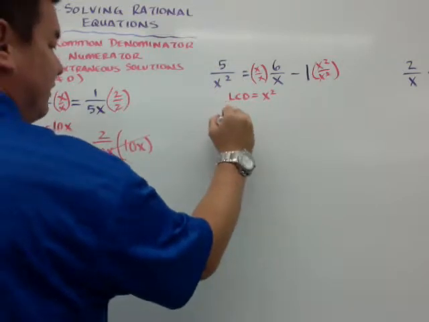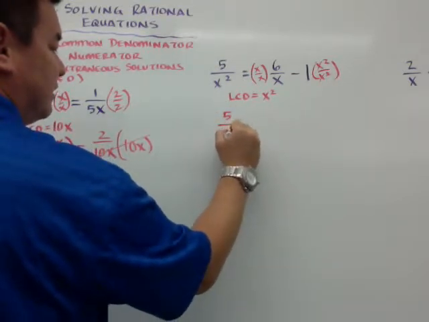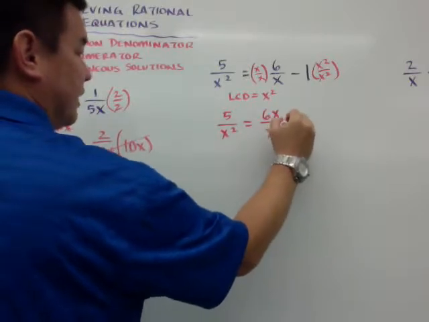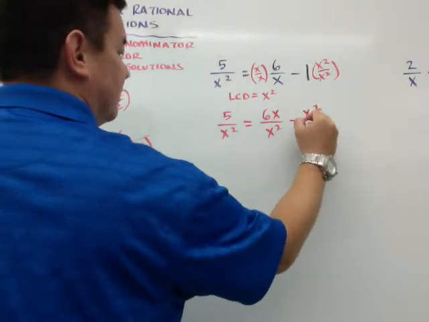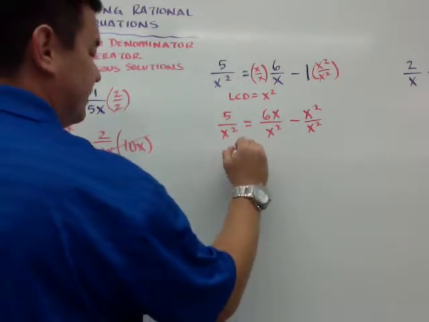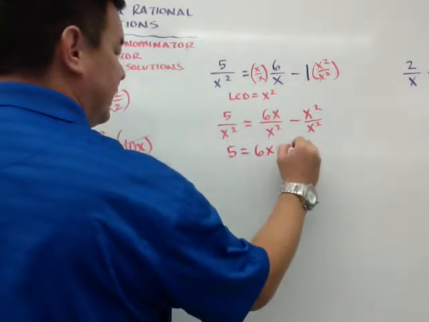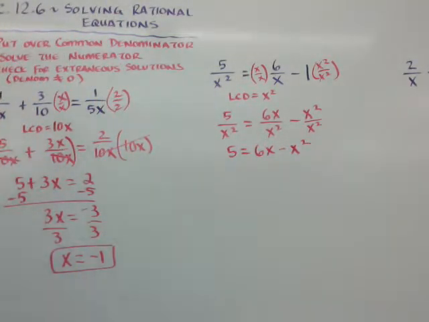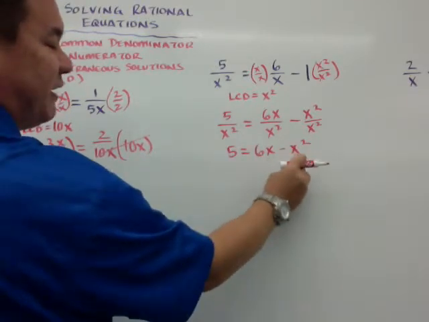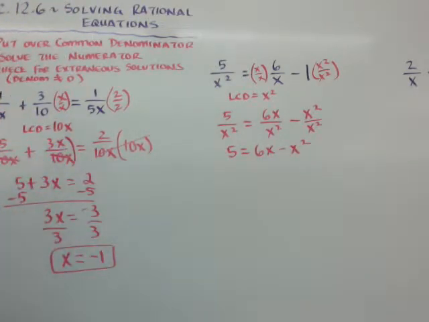So I can leave my 5 here over x squared is equal to 6x over x squared minus x squared over x squared. And I can drop it off, and I would get 5 is equal to 6x minus x squared. Now, because this is a negative x squared, instead of minusing 5 this way, I'm going to move it this way so that I get a positive x squared.